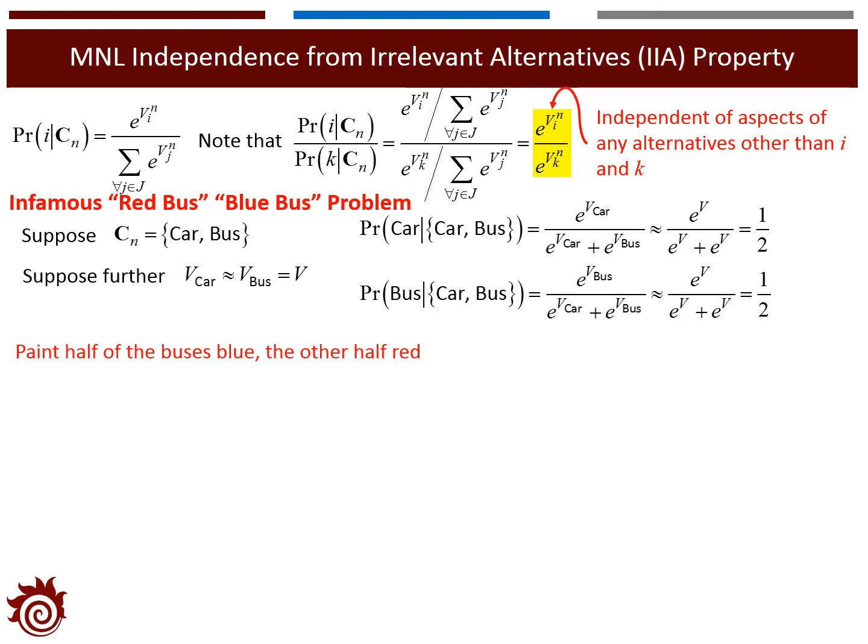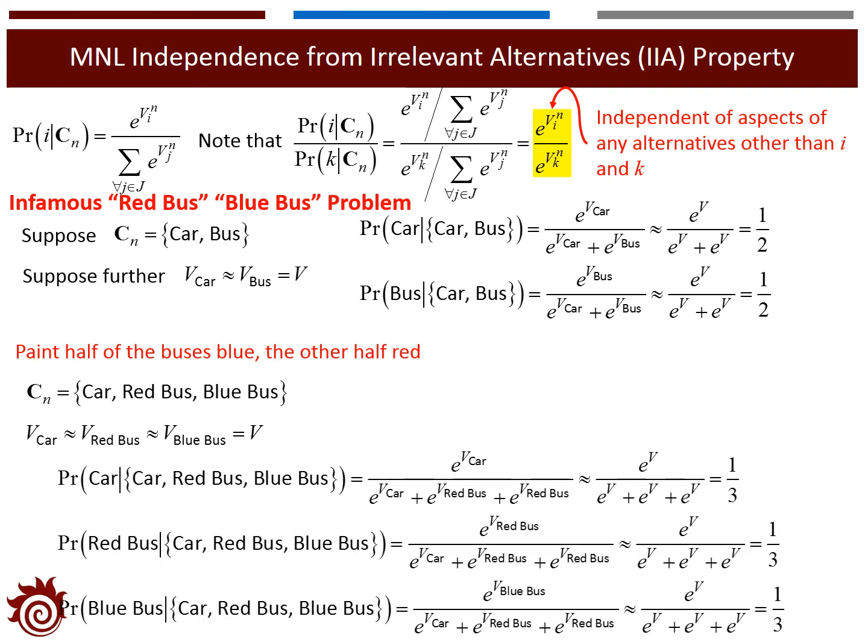But if we paint half of the buses blue and the other half red, there will be three alternatives: car, red bus, and blue bus. Obviously, the utilities for red bus and blue bus are still the same, and also the same as the car, all capital V. Then we can apply the MNL model to find the probability of taking each mode.